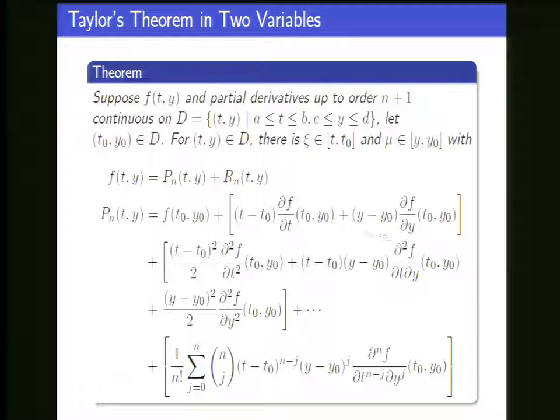But luckily, I just need the first line here, which is really just saying that something is a plane. It's like the straight line approximation in 1D. It's a plane, right? So here's the setting. You have a function f, and it can be written as a Taylor polynomial plus a remainder.